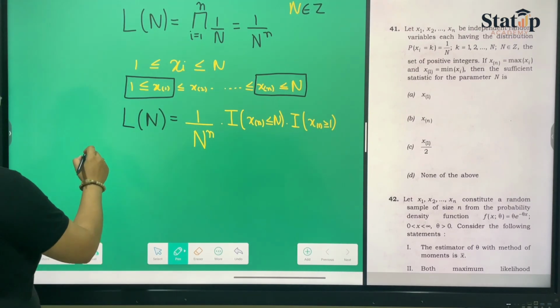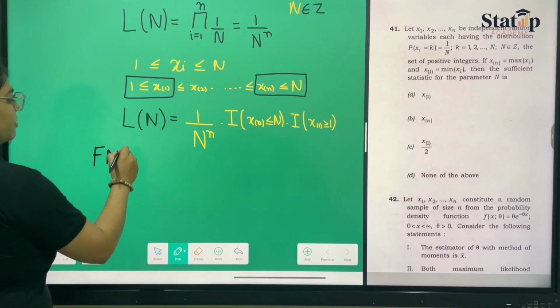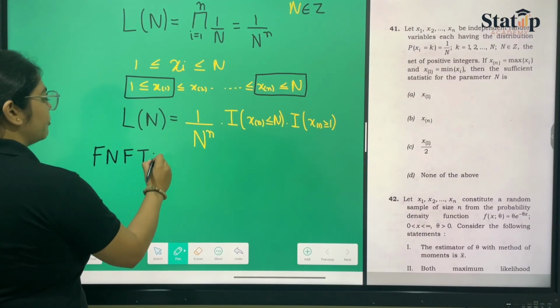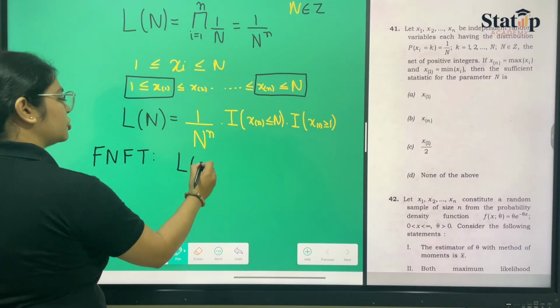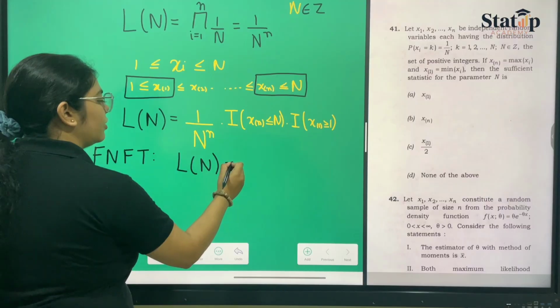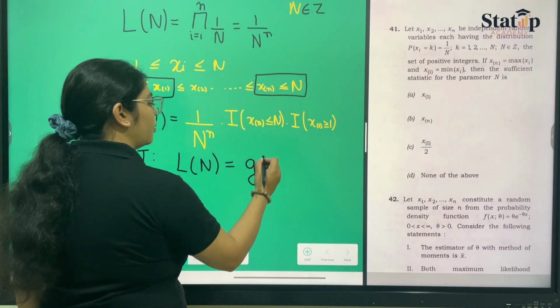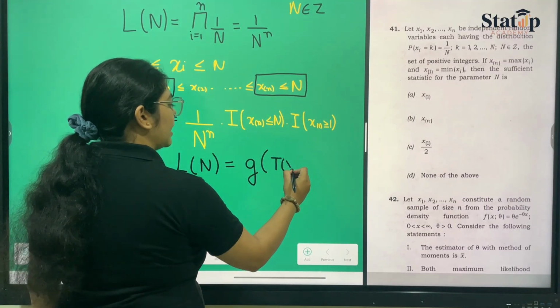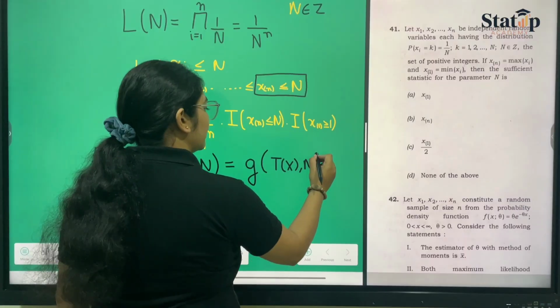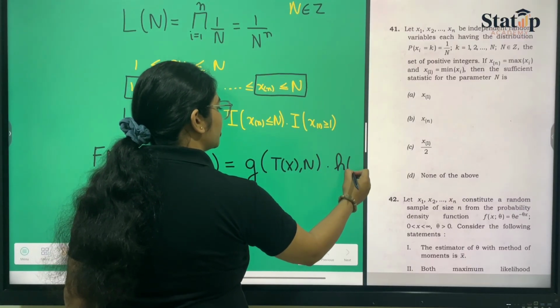Now here we'll be using the Fisher-Neyman factorization theorem. What does the Fisher-Neyman factorization theorem state? That the likelihood function should be a function of g(T(x), N) into h(x).